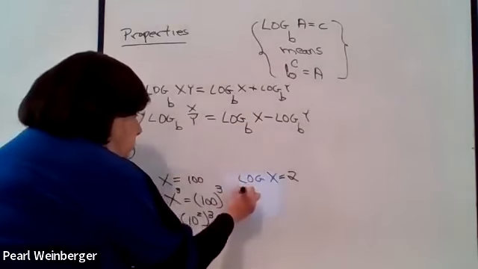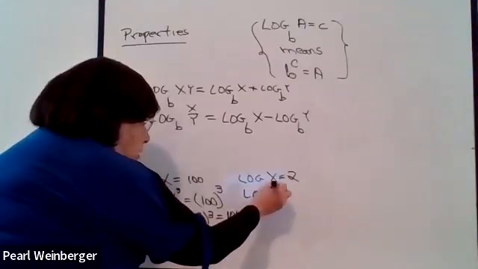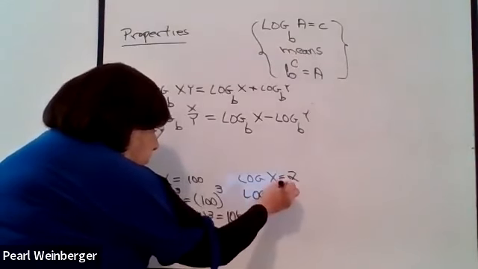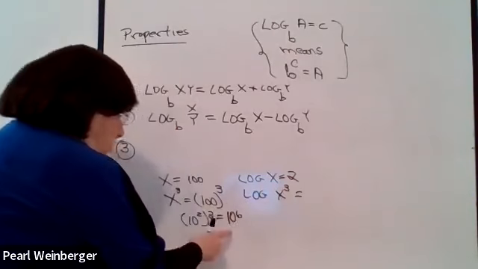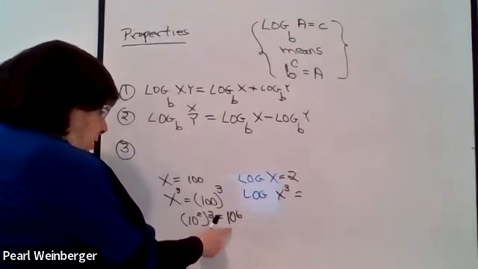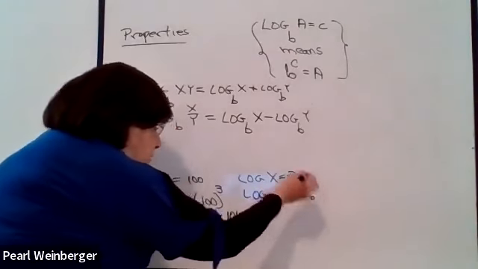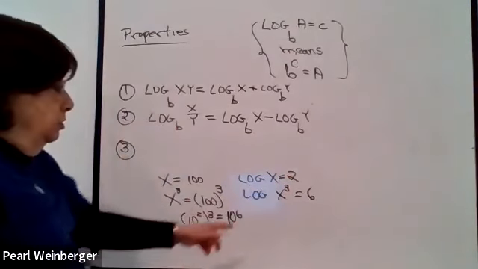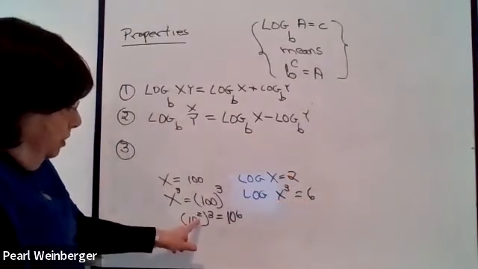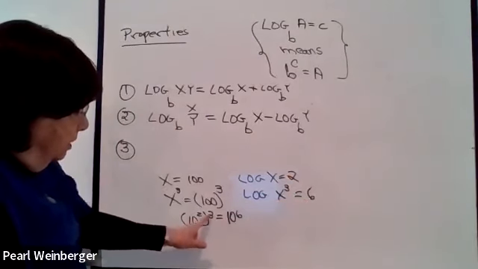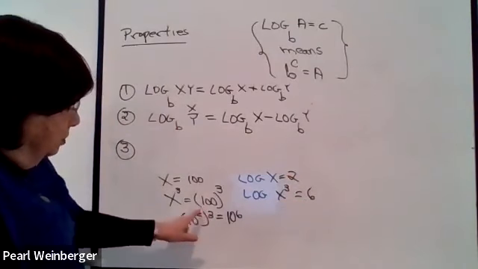We now want to do the log of x to the third. And I know my answer, x to the third, is 10 to the 6th. The log base 10 of x to the third is going to be 6, because what I've really done is multiply these two exponents together.